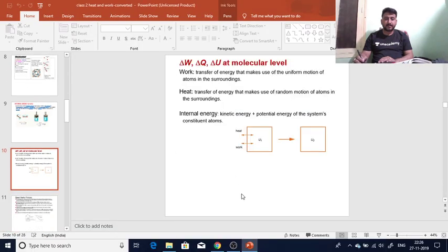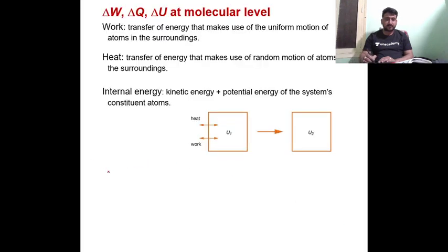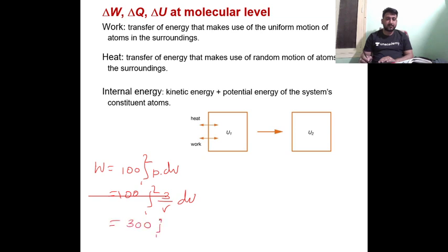Work is given by integration from 1 to 2 of P dV. So that is equal to integration from 1 to 2 of 3 by V dV. So that is equal to 300 integration from 1 to 2 of 1 by V dV.